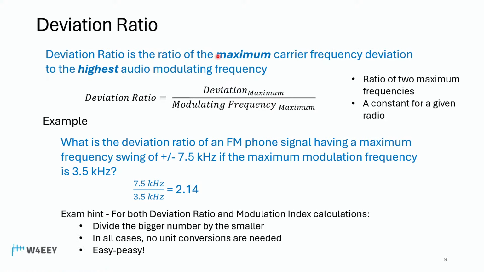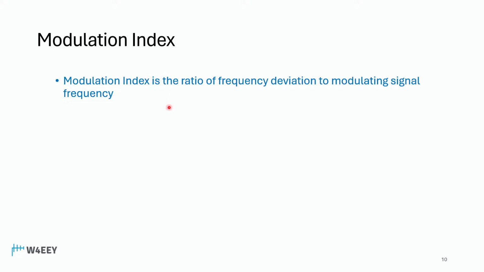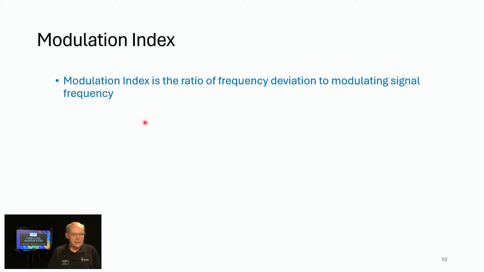Here we've got the maximum carrier frequency deviation and the highest or maximum audio modulating frequency. In this case, it's stated a little bit differently, and it's a different parameter. Modulation index is the ratio of frequency deviation, how much we swing either side of the carrier, to the modulating signal frequency, but a maximum is not specified. So this one's going to vary all over the place.